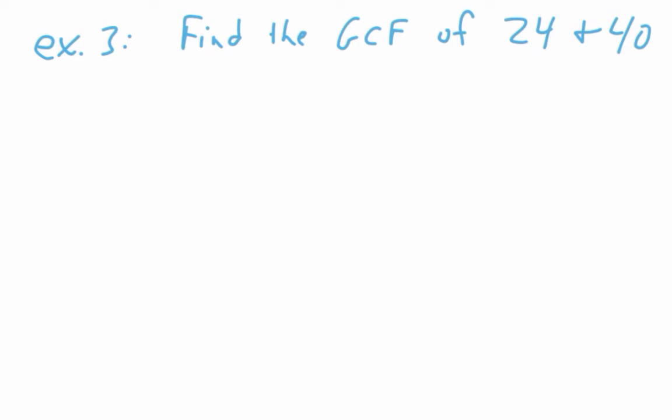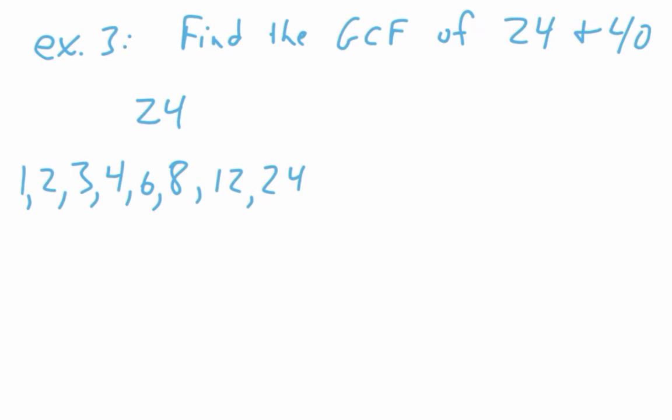If you're just going to do the factor tree, feel free to skip this. But if you wanted to show your work for doing it the other way, you could say, all right, 24, that's going to be 1 and 24, and 2 and 12, 3 and 8, 4 and 6.